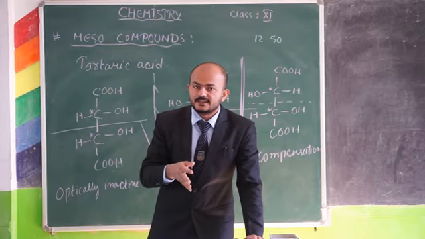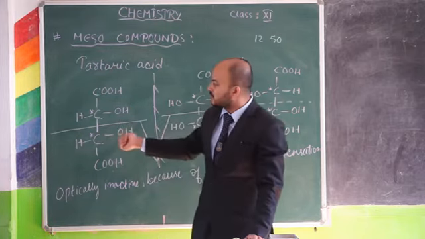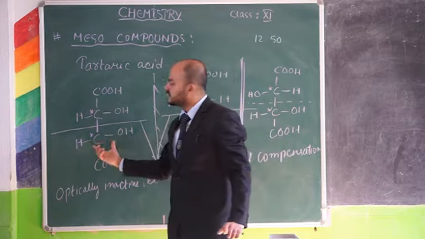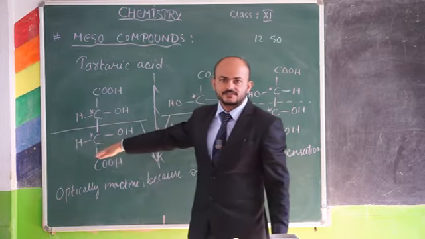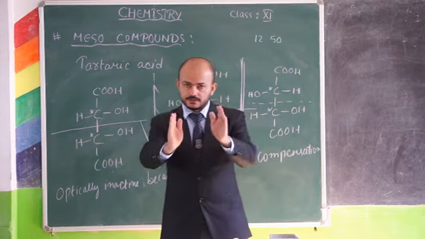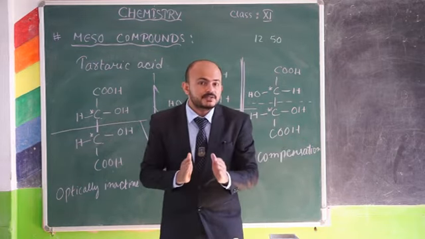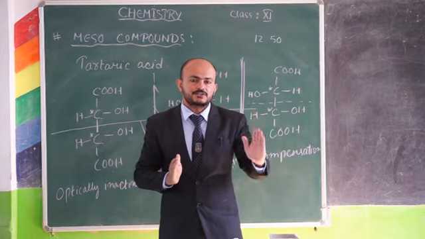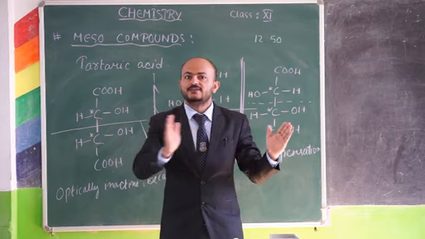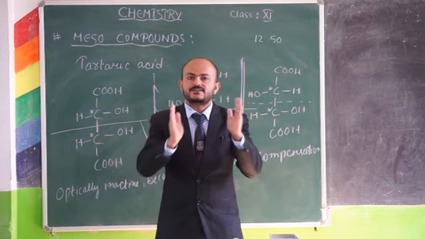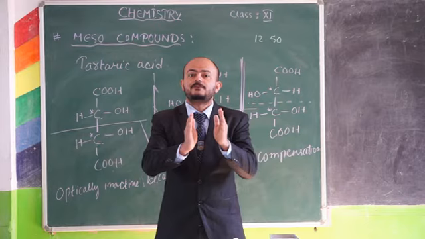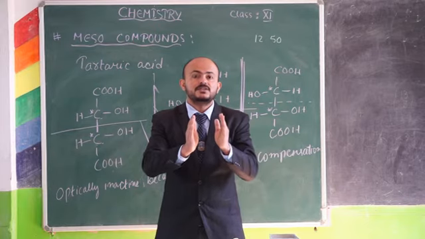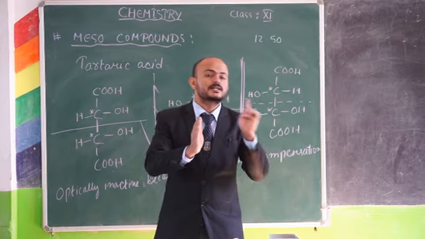In the case of a meso compound, individually it is inactive because of internal compensation, because it contains planar symmetry. But in a racemic mixture, you have a dextrorotatory part and a levorotatory part. Whenever they are in equal concentration, 1:1 ratio, they become optically inactive because of external compensation.